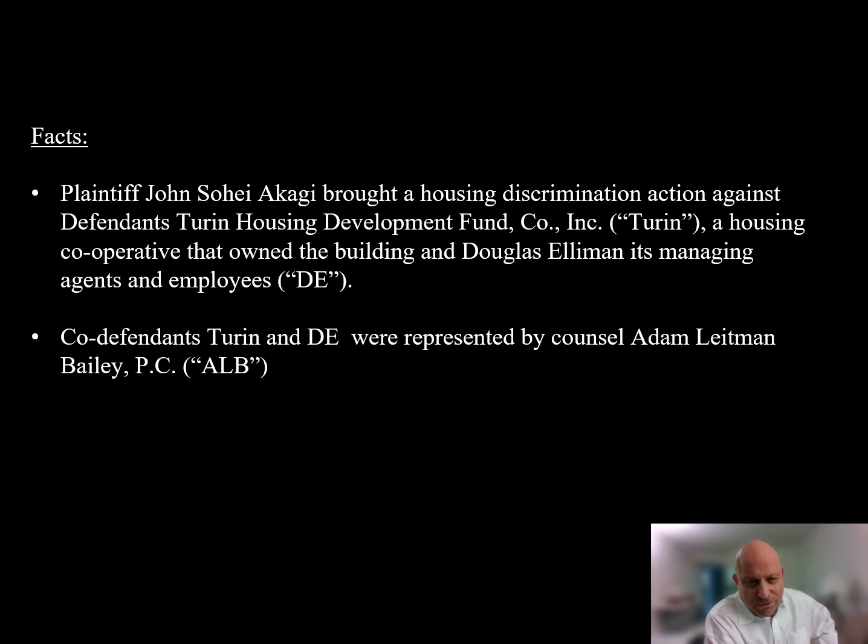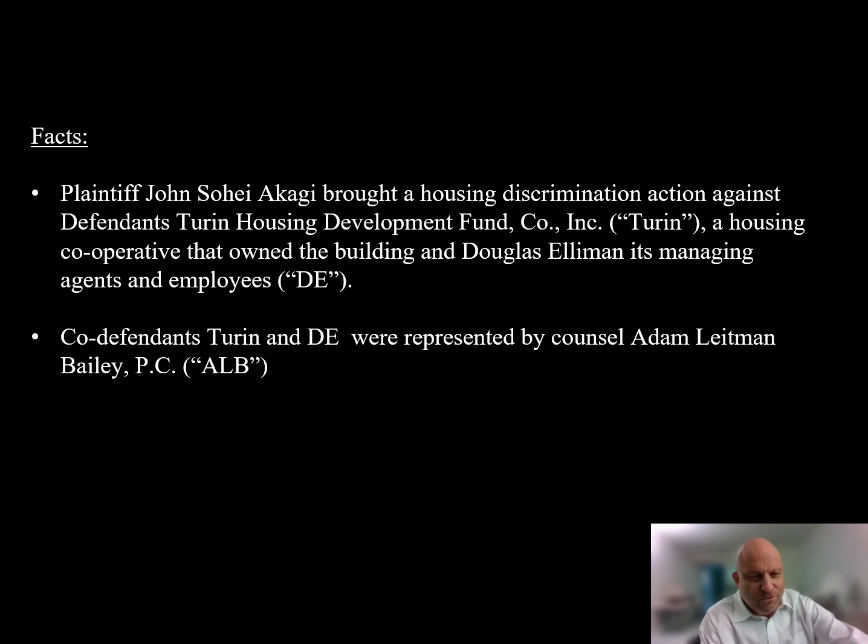He also sued Douglas Elliman, who was the managing agent for Turin. So Turin and Douglas Elliman, DE, as I'm going to call them, are co-defendants, and they chose to be represented by one counsel. Eventually, that counsel was Adam Lightman Bailey, ALB. At the beginning, there was another counsel. I'm going to go into that a little bit later.